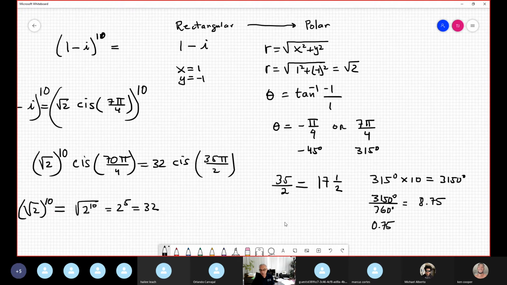So 3,150 degrees is 8 revolutions, and in the 9th revolution we stop at 0.75, which is 3/4. Multiplying 0.75 by 360 again is 270 degrees.